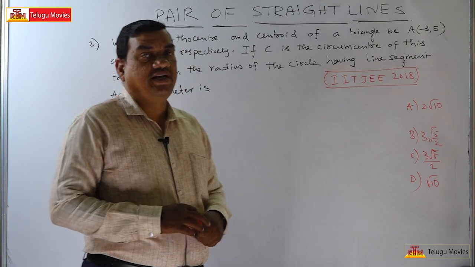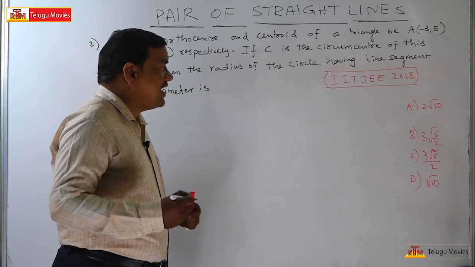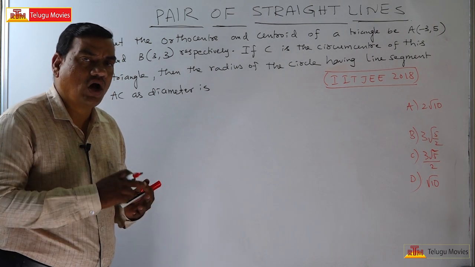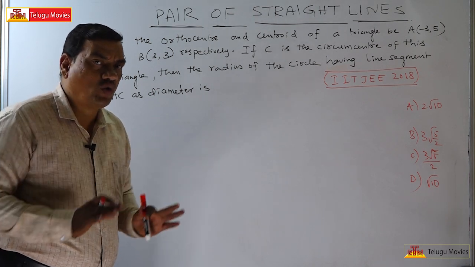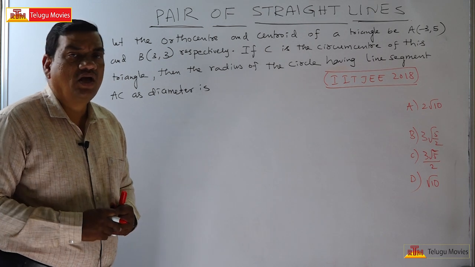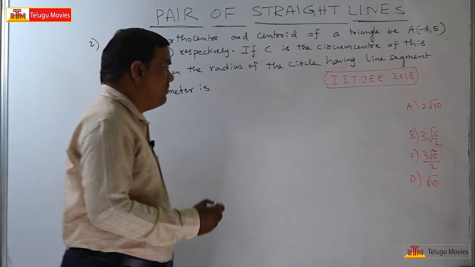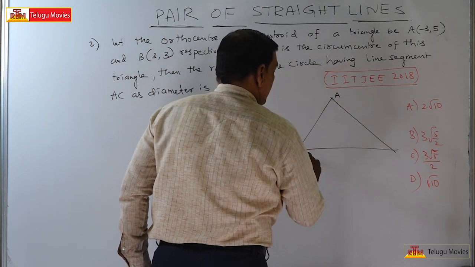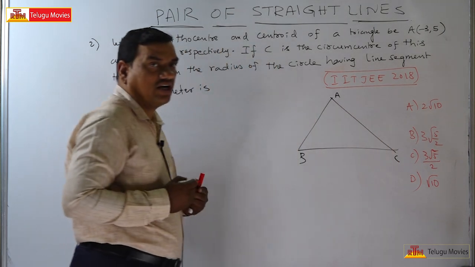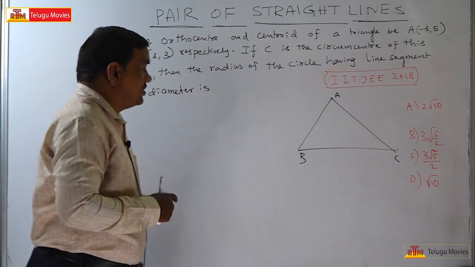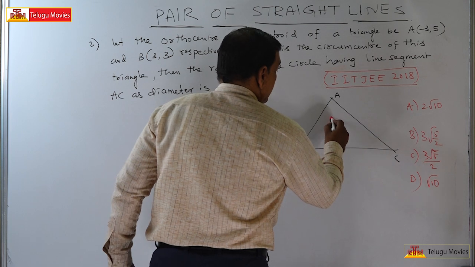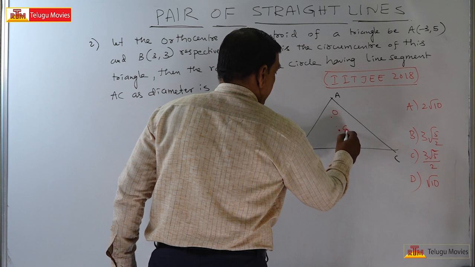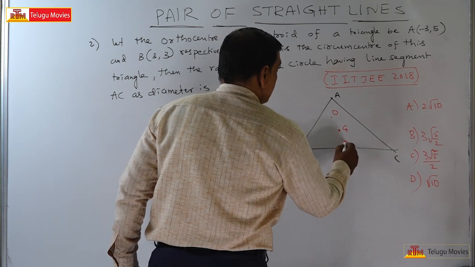The concept is, if a triangle is equilateral, the circumcenter, incenter and orthocenter all coincide, no problem at all. For any other general triangle ABC, let this be the orthocenter, let this be the centroid, and this be the circumcenter.